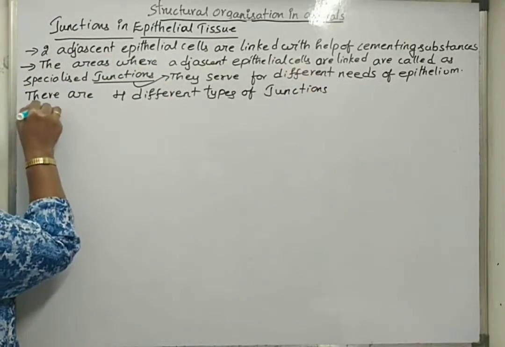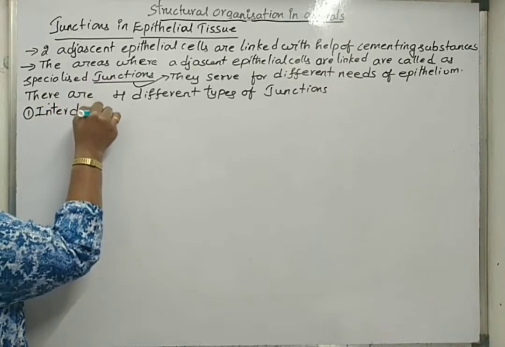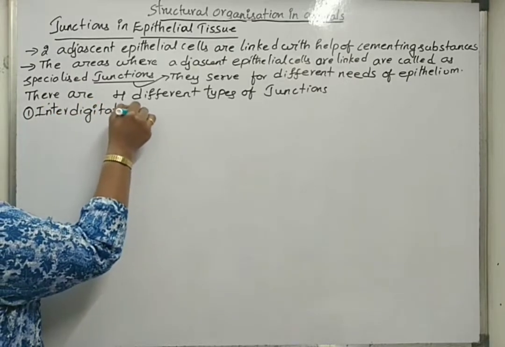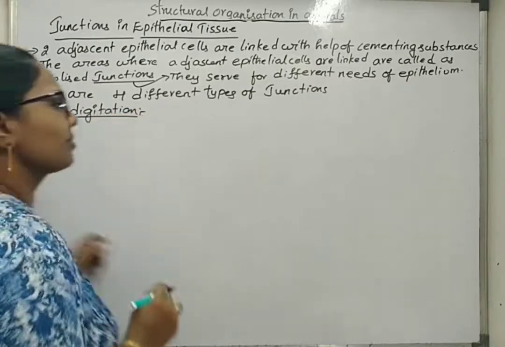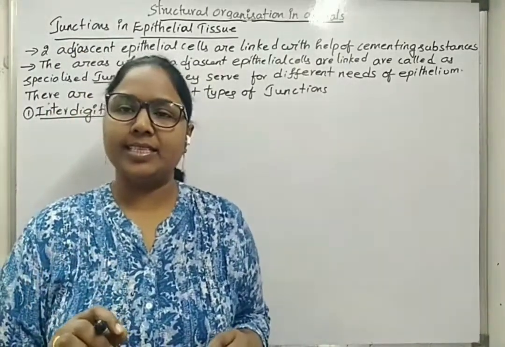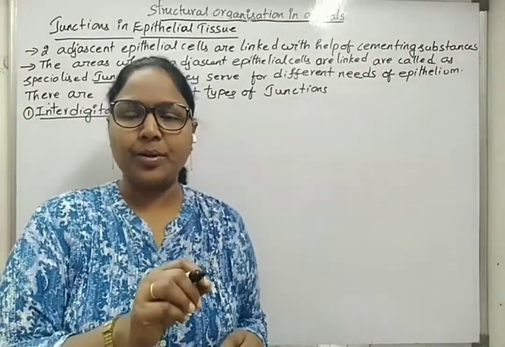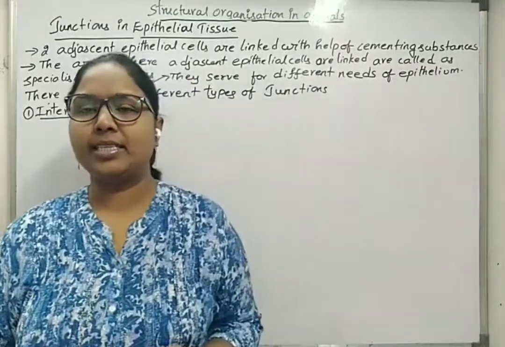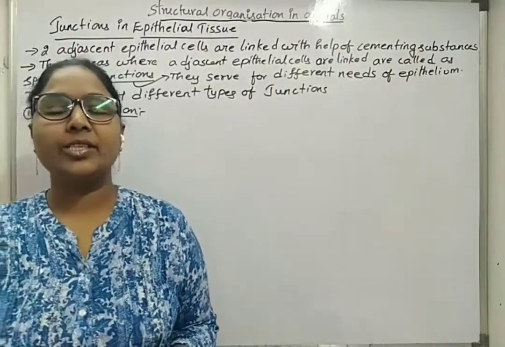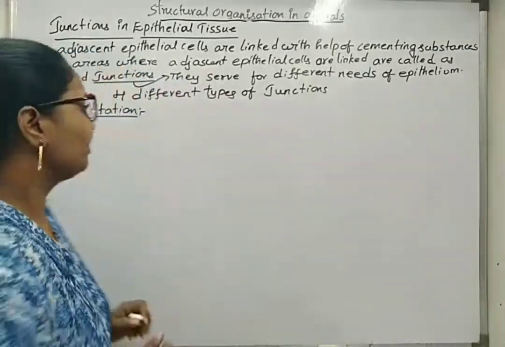First one, interdigitation. Here, the plasma membrane of one epithelial cell is protruded deeply into the cytoplasm of adjacent epithelial cells. Such type of interdigitation linkages are seen in transitional epithelium.